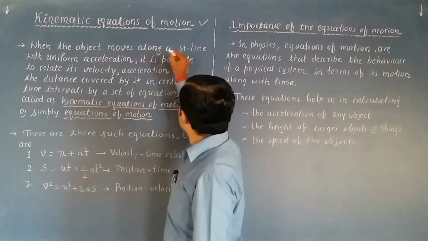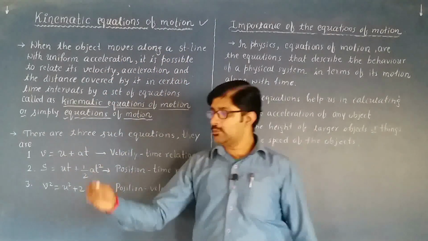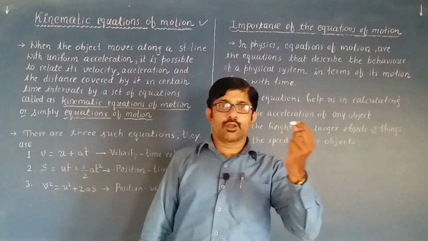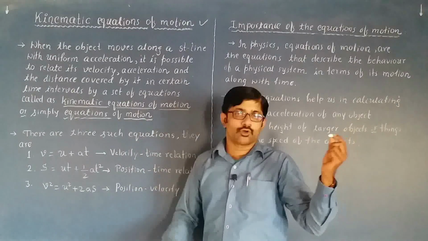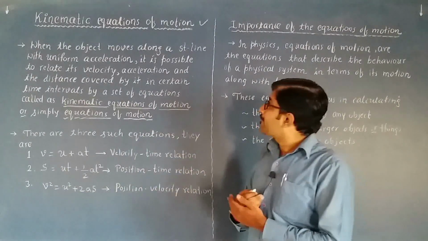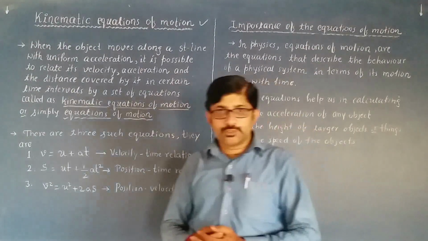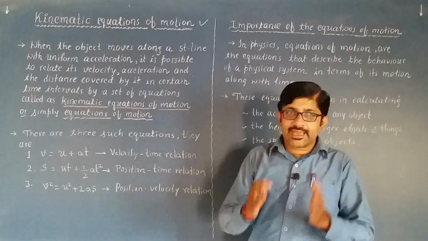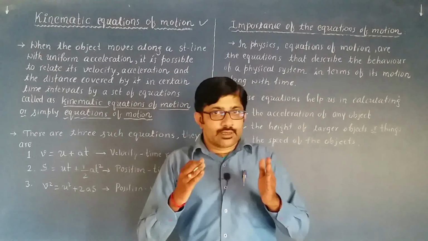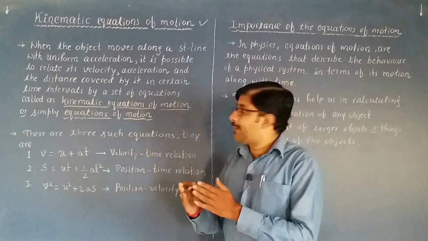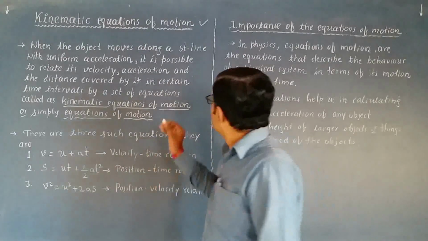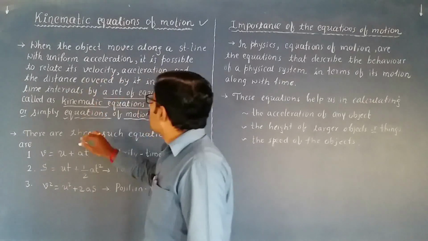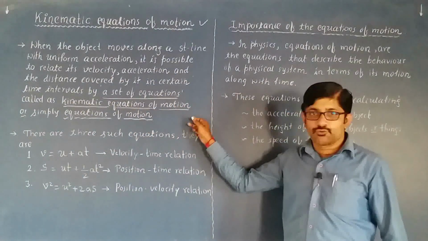If the object is moving in a straight line with constant acceleration or uniform acceleration, it is possible to relate velocity, acceleration, even the distance along with time by a set of equations called kinematic equations of motion.